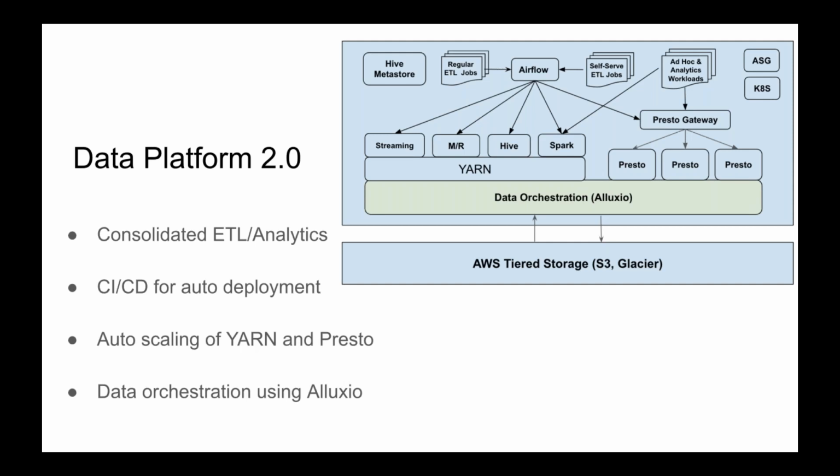As you see in this architecture diagram, we are consolidating all different workloads for ETL and ad hoc queries and analytic workloads. By doing this, we consolidate 5, 6 different clusters into one. One cluster can host all the different types of workloads. And we use CI/CD for automatic deployment of all the components here.